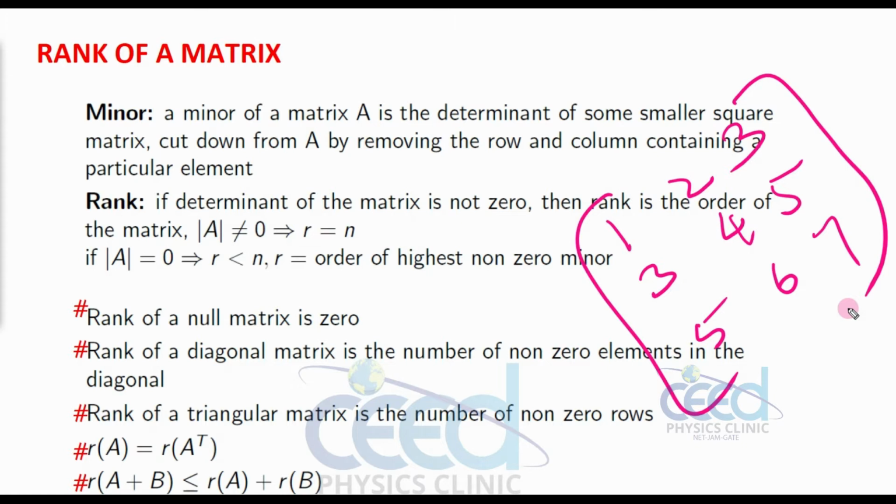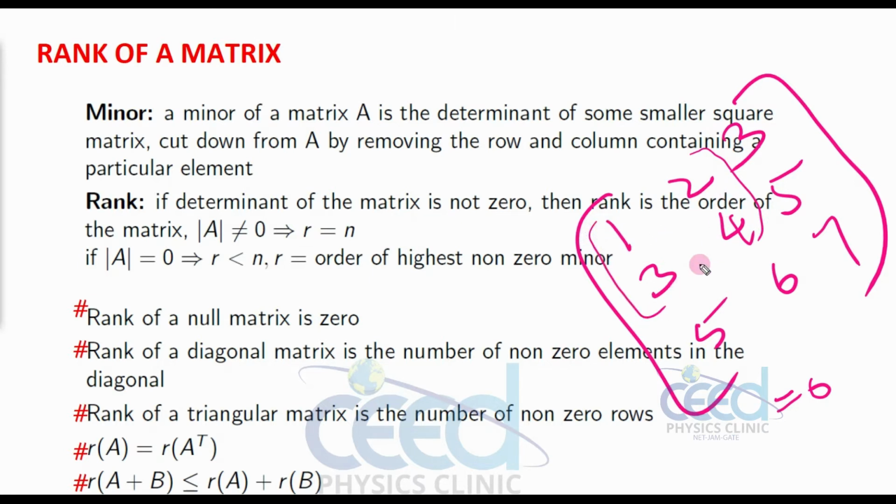If the determinant is 0, then you have to check for the least minor whose value is not equal to 0.